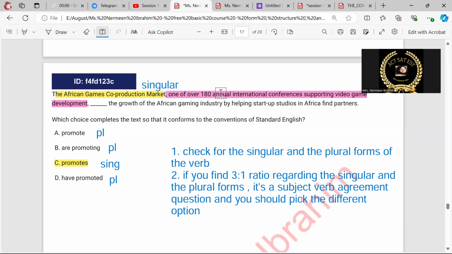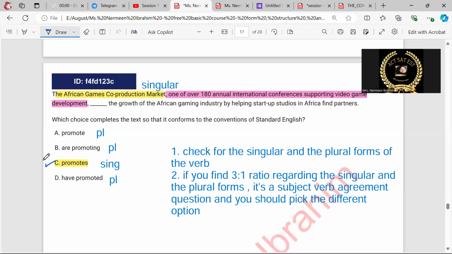In the pink part, I didn't find any verb for this singular subject. This is a non-essential part that was set off by two commas. So the main verb for this singular subject must be written in the space. That's why promotes is the right answer.